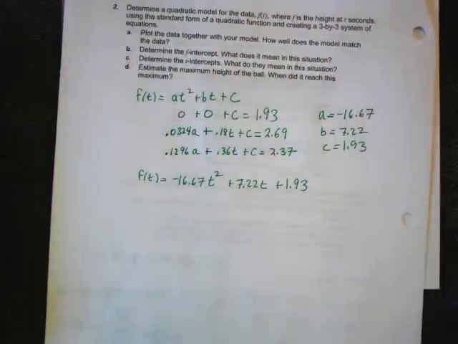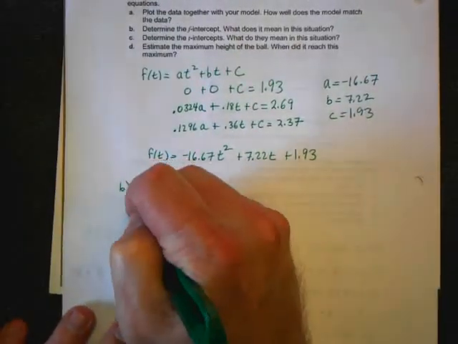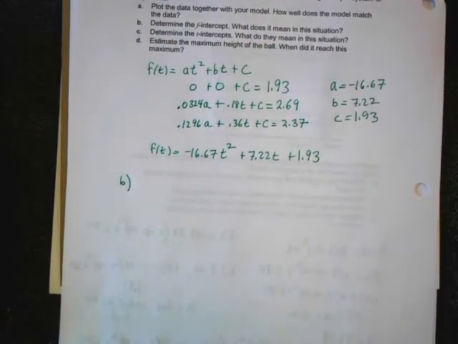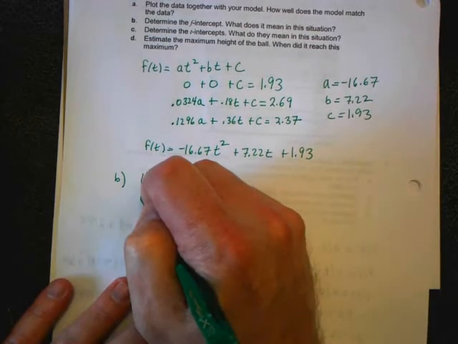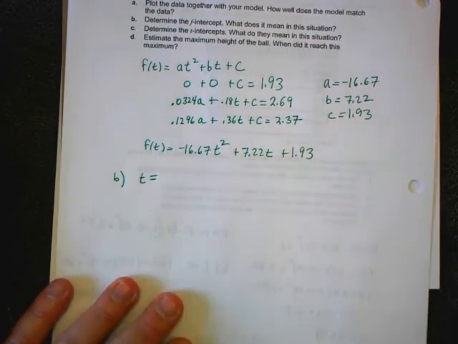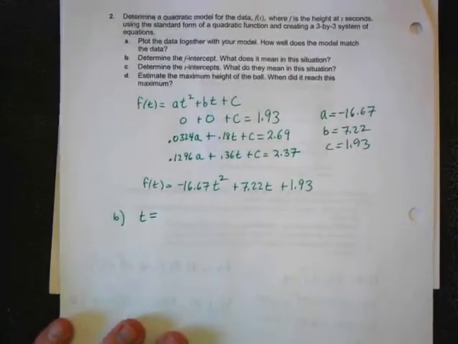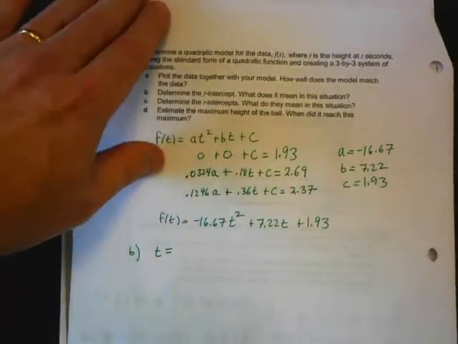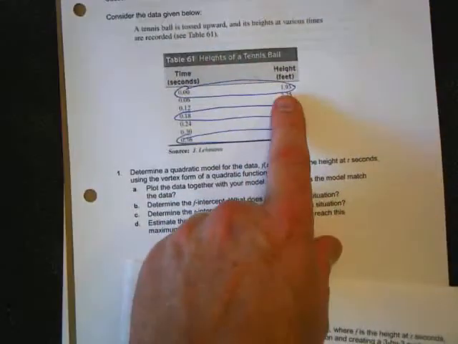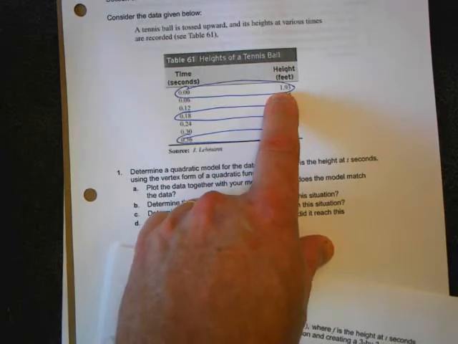All right. Part B. Same question we had last time. Determine the f-intercept. How do I determine the f-intercept? Set t equals 0. What do I expect for an answer? Again, I would expect to get exactly 1.93, since, again, that's one of the data points we used.